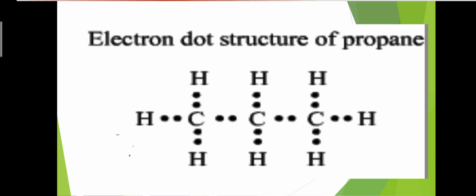Electron dot structure of propane. In carbon, the outermost or valence shell contains 4 electrons, 1, 2, 3 and 4. Hydrogen atom contains only 1 electron in its K shell. So sharing takes place between hydrogen and carbon atom. These two electrons are bonded together by a covalent bond.